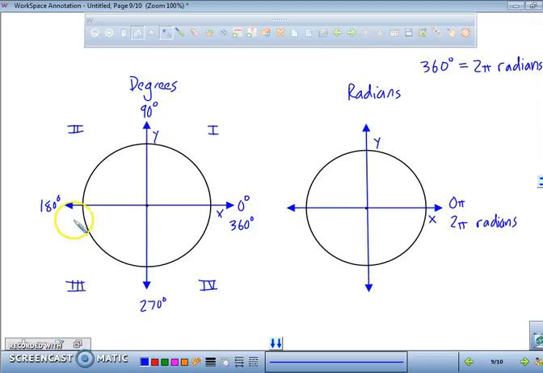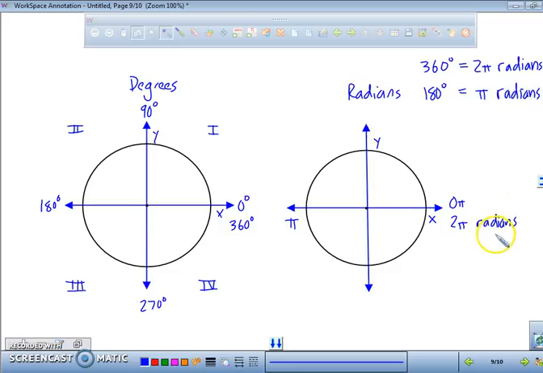What do you think 180 degrees would equal? If all the way around is 2 pi, what's 180 degrees going to be? Just pi. So 180 degrees equals pi.